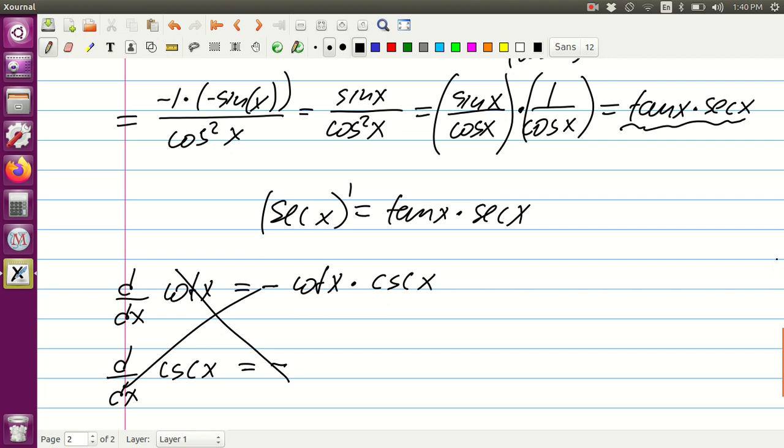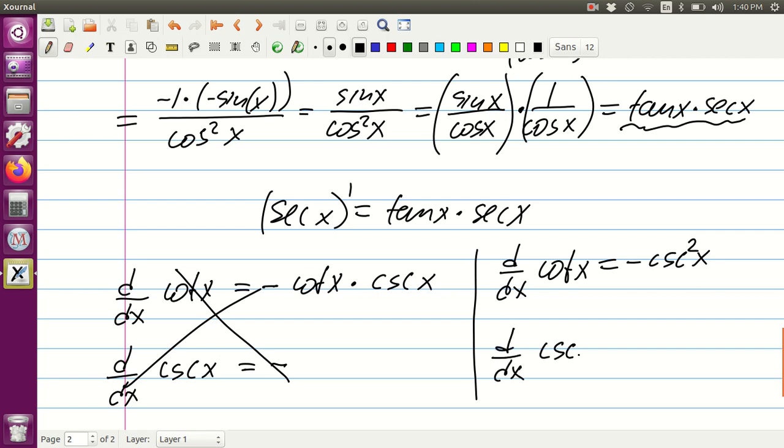Derivative of cotangent, I didn't say it right, it's negative cosecant squared. So one more try. Derivative of cotangent is negative cosecant squared of x, and derivative of cosecant of x is negative cotangent of x times cosecant. Sorry about it, but everyone can make mistakes even on the video.